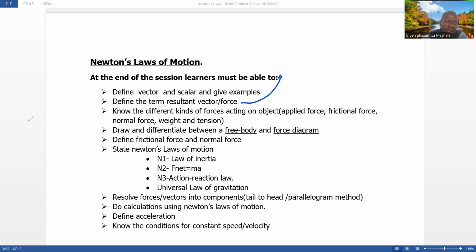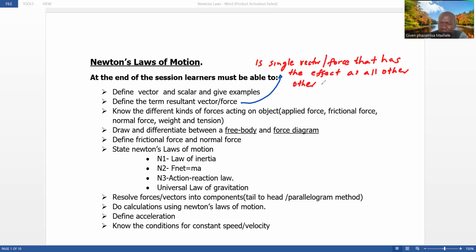A resultant vector or a resultant force, it's a single vector or a force that has the same effect as all other vectors, you can call it vectors or forces if you're talking about force, as all other forces or vectors added together.